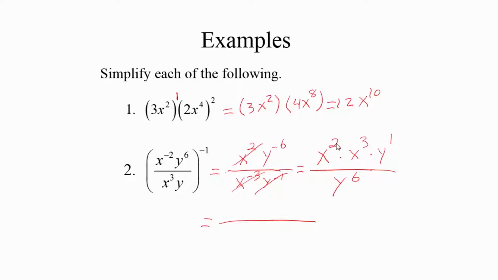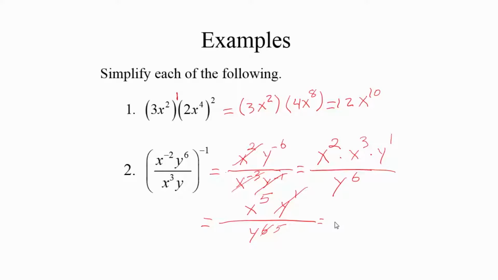So h to the second times h to the third, using the first law of exponent, that would give me h to the fifth. Y to the 1 and y to the 6th: the y to the 1 in the numerator is going to take away one of these 6's, and y to the 6th would become y to the 5th.